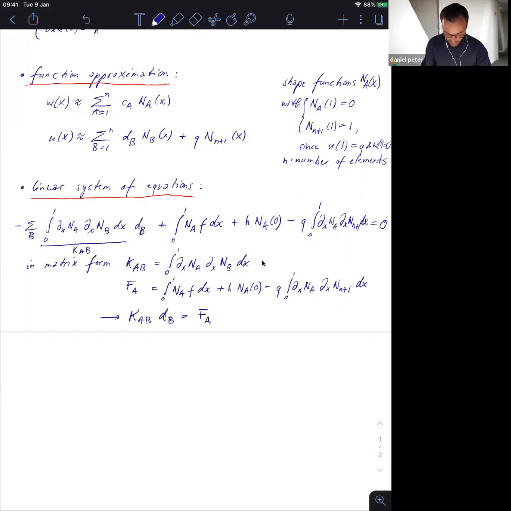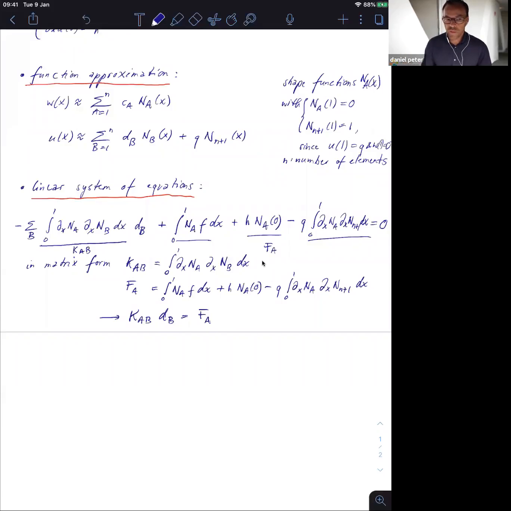And here you basically see only terms which depend on N_A, plus our last shape function, the n plus 1 shape function. So these together make F_A, one element in a vector again. So F_A is again a vector.